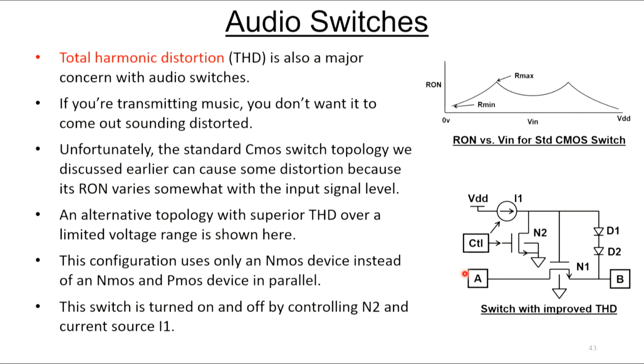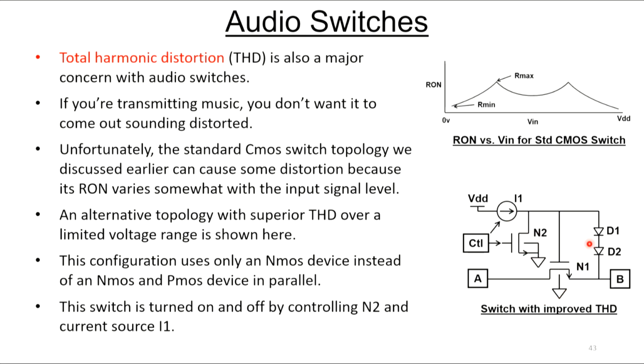What we show on the right here is a configuration that has superior total harmonic distortion over a very limited range of operating voltages. This configuration uses just an NMOS device. It's not a CMOS switch. It doesn't use NMOS and PMOS, just an NMOS device.